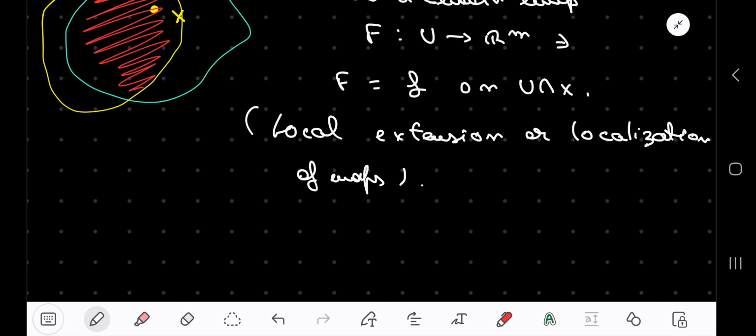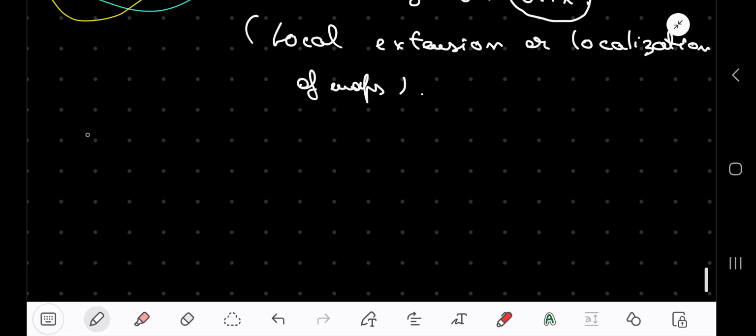U intersection X will be an open set in the subspace topology of X, where U is an open set in Rn, because Rn is the higher space. Fine. So smoothness is typically a local property.